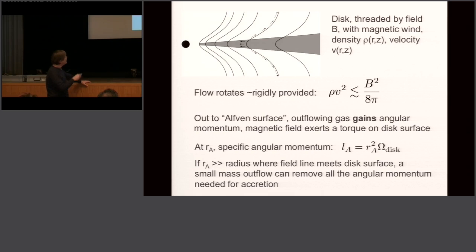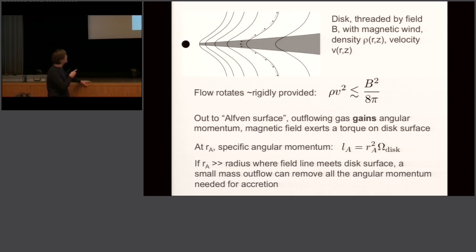So the key point here is that if we consider the wind region of the flow, the region above the disk where the magnetic field dominates, any gas in this region will rotate rigidly attached to the magnetic field lines, providing that the magnetic forces coming from the magnetic fields dominate over hydrodynamic forces in the wind.